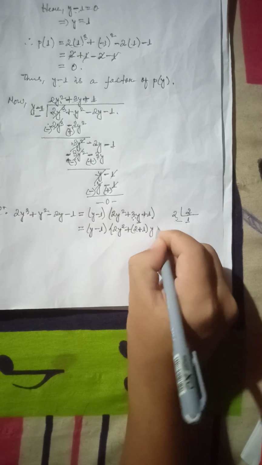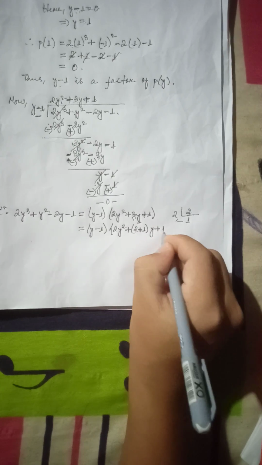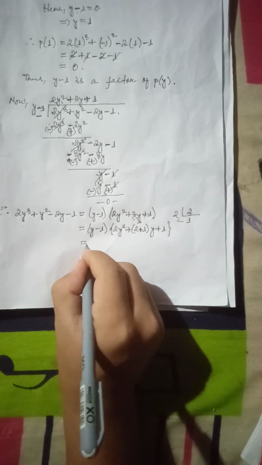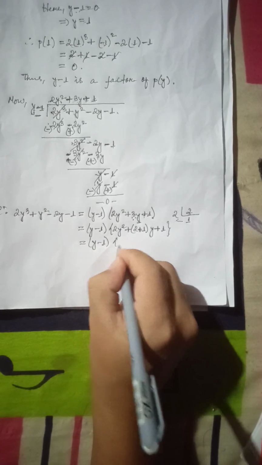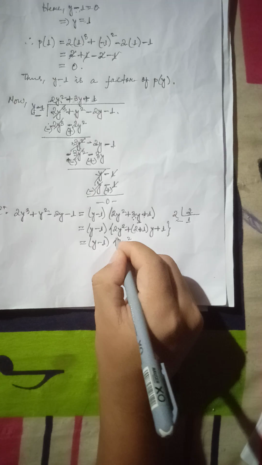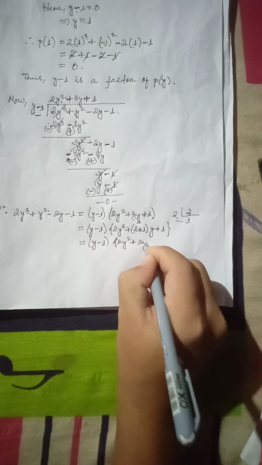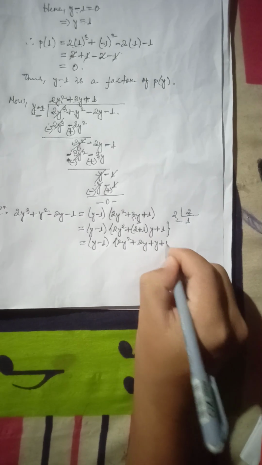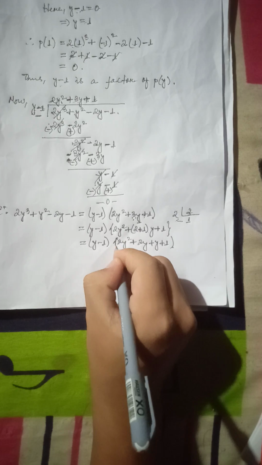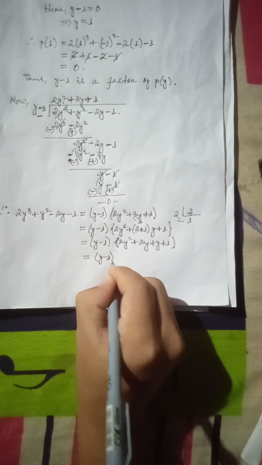And what is this? We have y. Let us write it, and after this, it will be y minus 1. It will be 2y square, right? And plus 2 into y, it will be 2y, and 1 into y, it will be y plus 1, y minus 1.